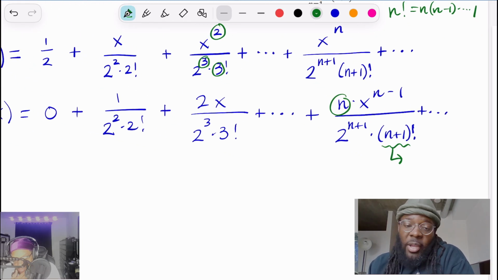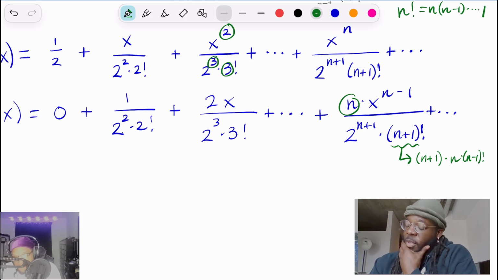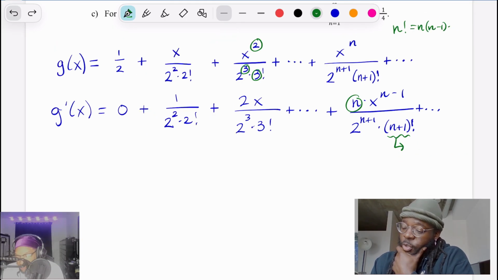So I could rewrite n plus 1 factorial as n plus 1 times n factorial. Or alternatively, n plus 1 times n minus 1 factorial, because that will make the n's cancel. But how's that going to help me? Let's just plug in 2 and see what happens.